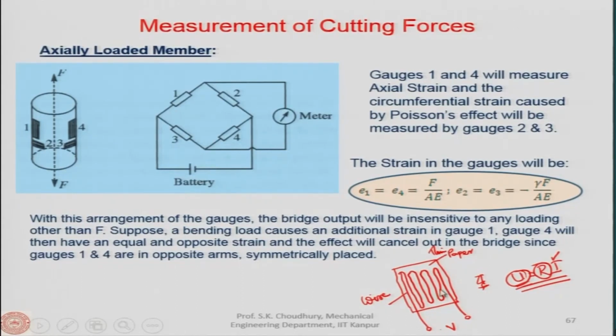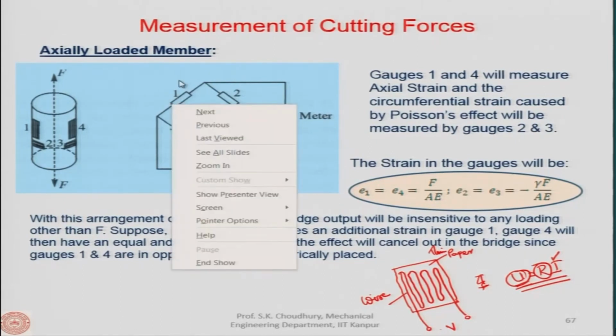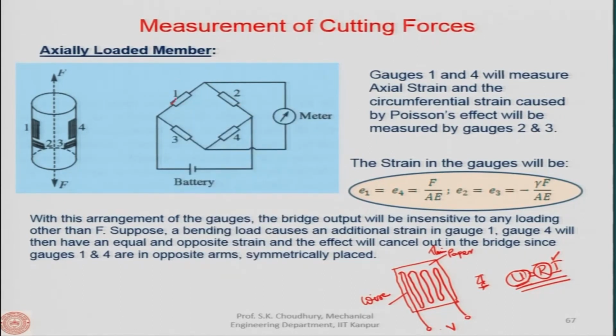So, these sensors are called gauges, strain gauges. These strain gauges are here. Let us say this is one point, and it is like a spiral and connected here. This is a spiral and connected here to another point, and so on, and then we have this connection here.